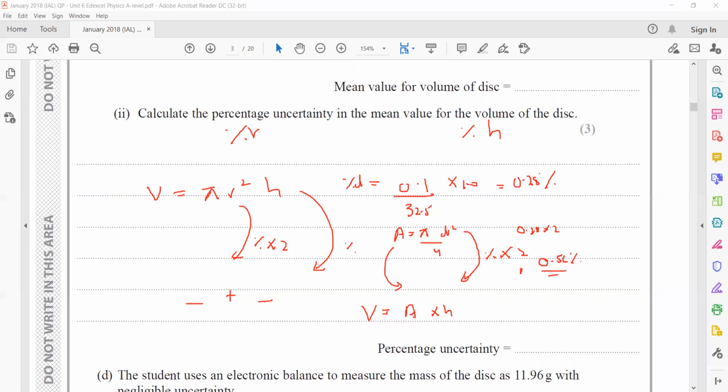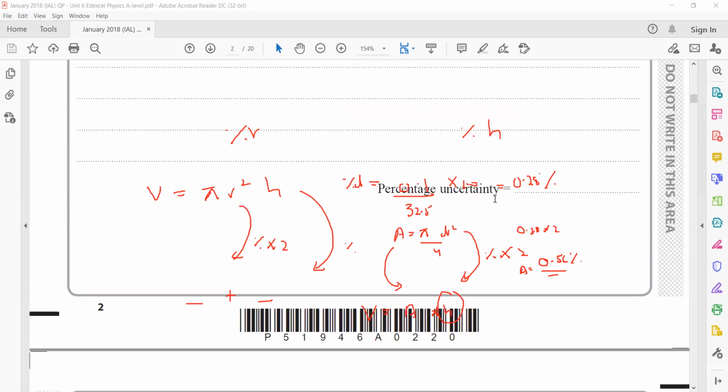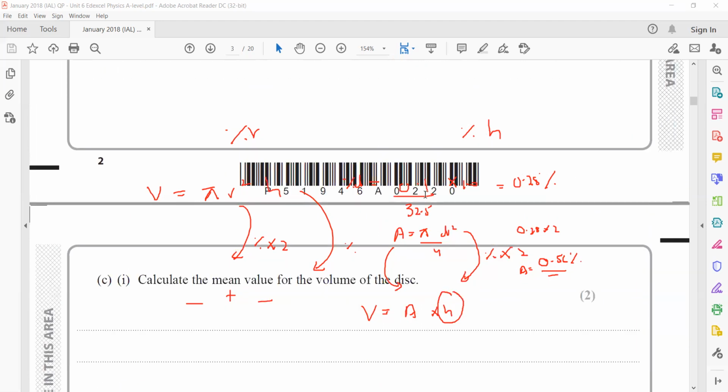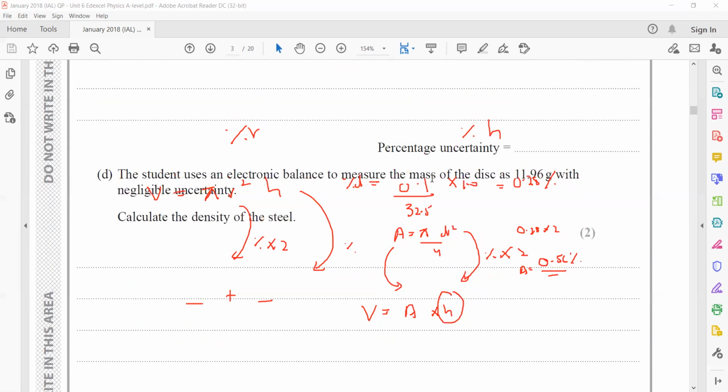We have the uncertainty in area, and now how can we work out the percentage uncertainty in thickness? This is the part where we work out the uncertainty in the thickness, like maximum minus minimum divided by mean into 100.